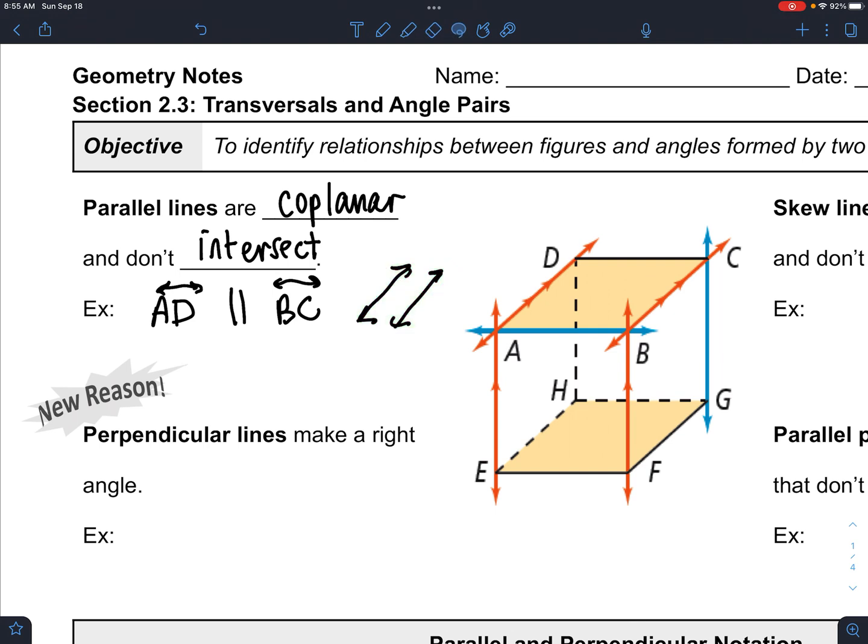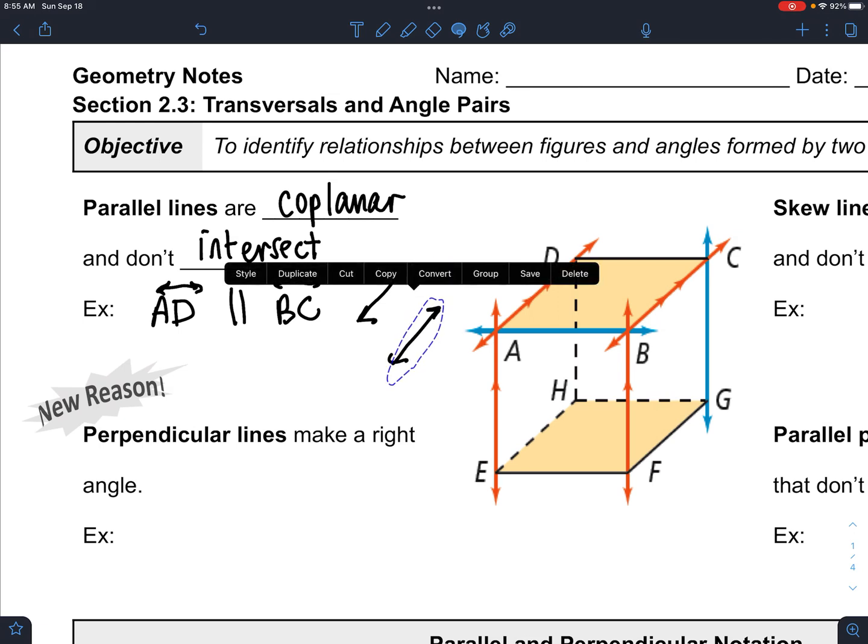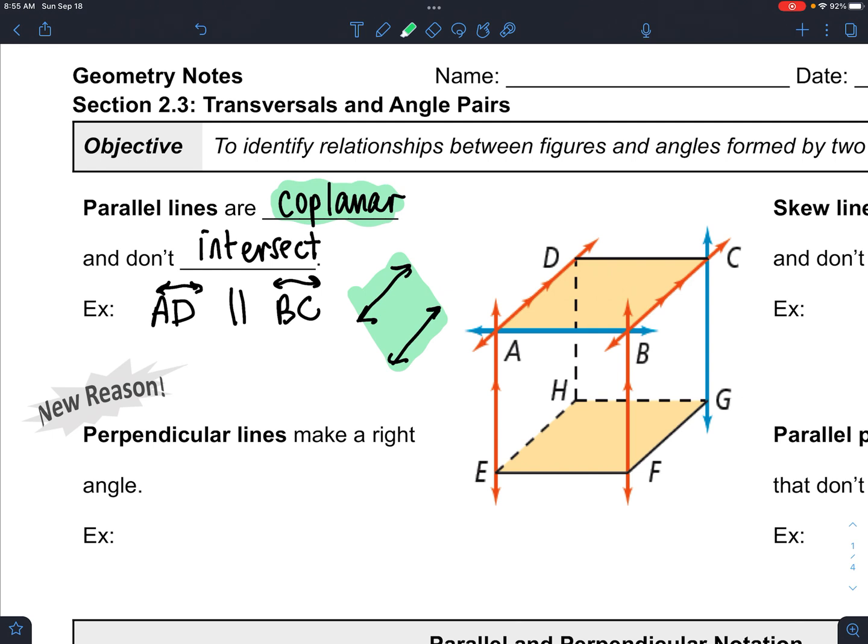Even if you chose FG, which is down here, there's still a plane that you can draw. It would be diagonal, but it still goes through those two lines. So that's why we say parallel lines are coplanar, because no matter what parallel lines you pick, they can be on the same plane.